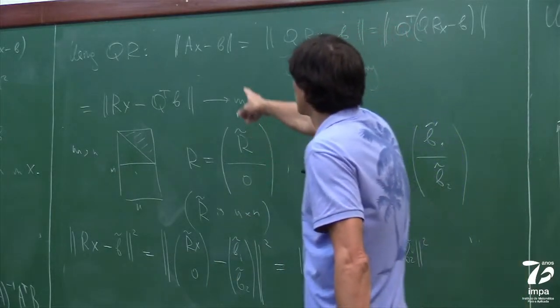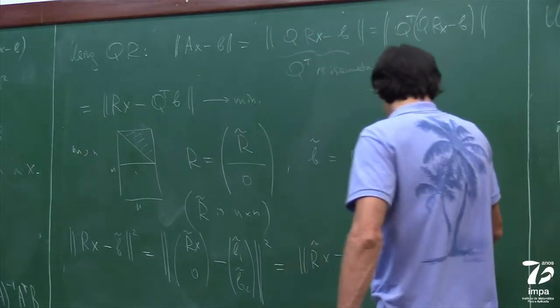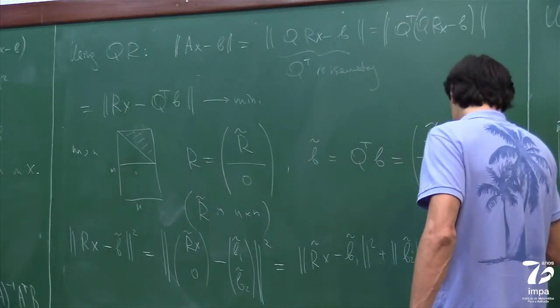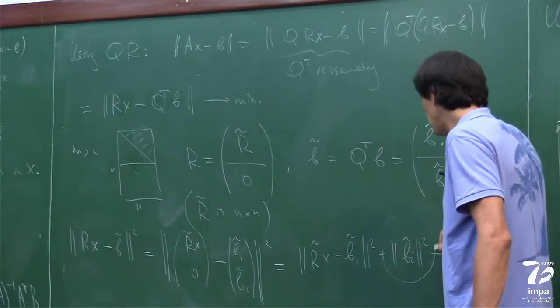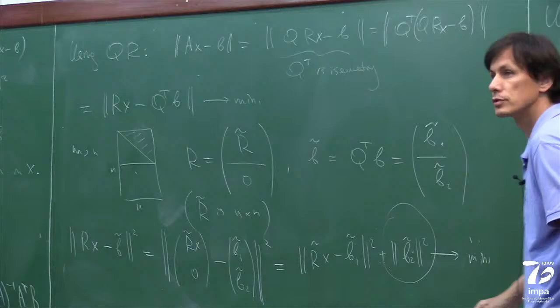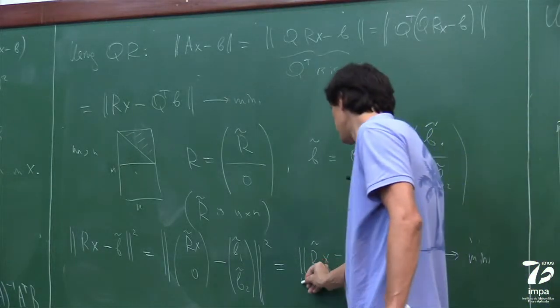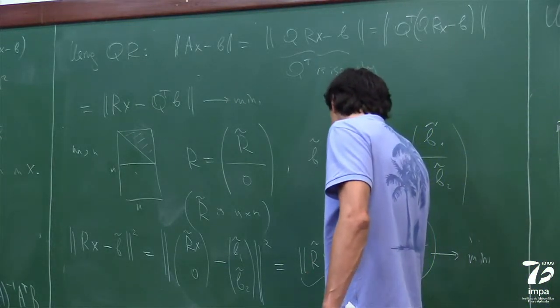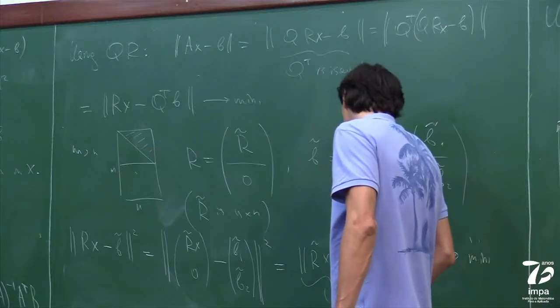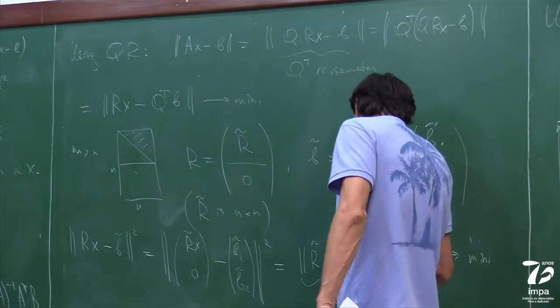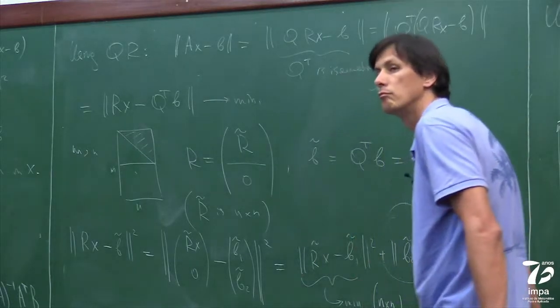And this is what we have to minimize, because this minimizes the first norm. But we don't care about the second term because it's constant. So we only need to minimize the rest. And the good part is that it is already n by n, so there is no m.